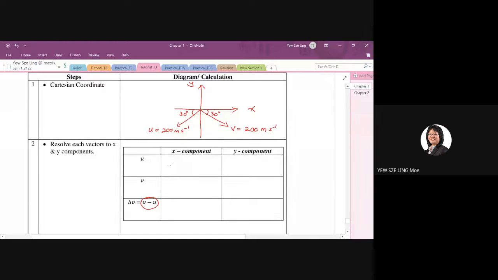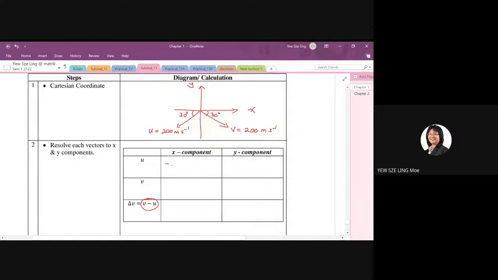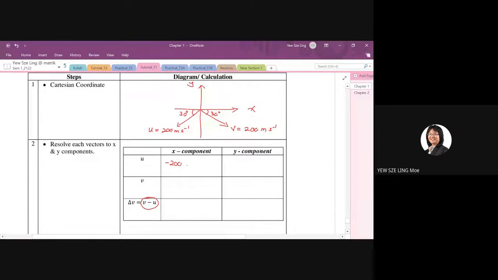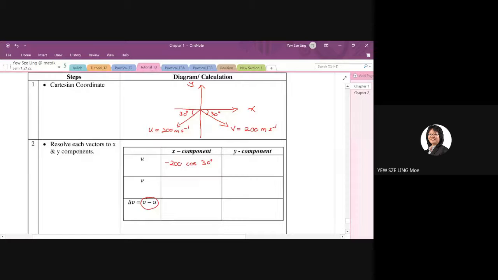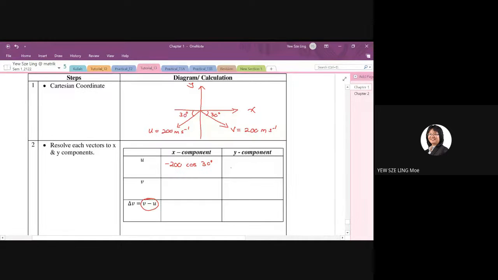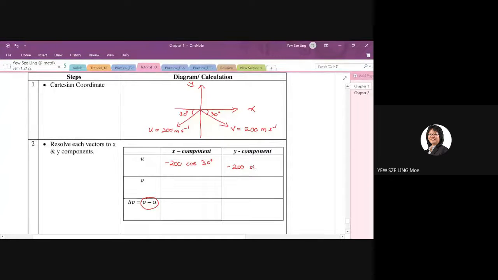For u, it's very simple. The x component is in the third quadrant, so negative: negative 200 cos 30 degrees. The y component, also in the third quadrant, is negative: negative 200 sin 30 degrees.